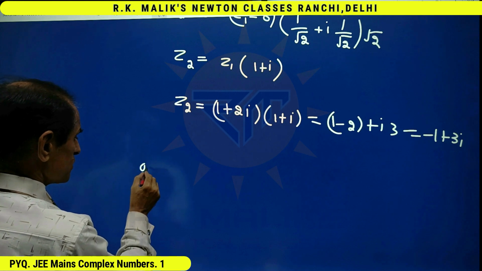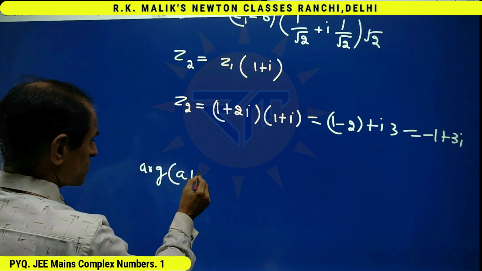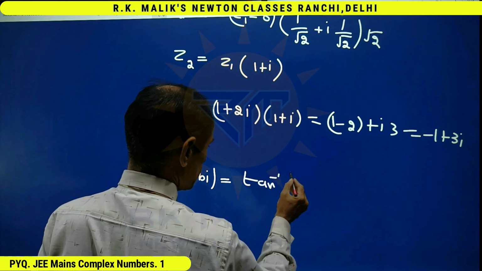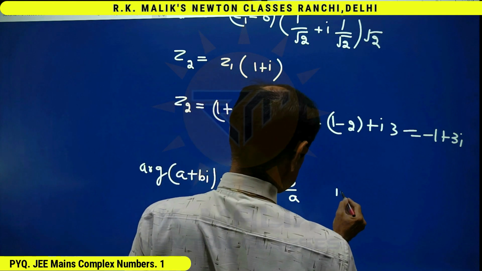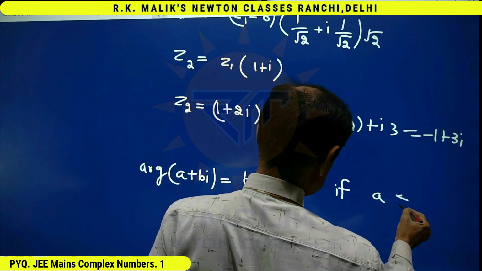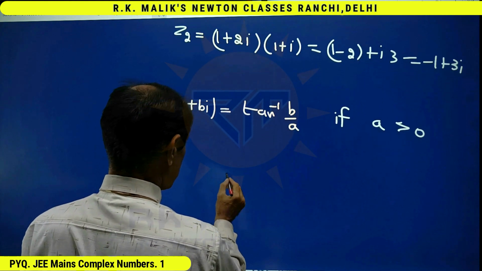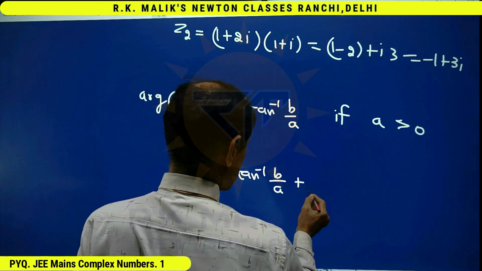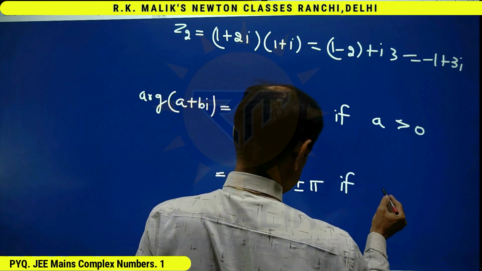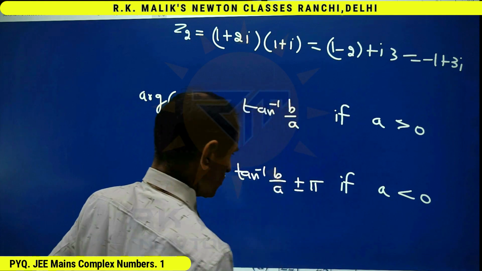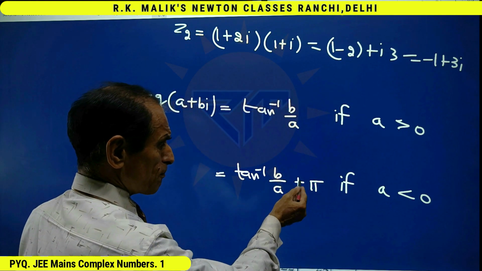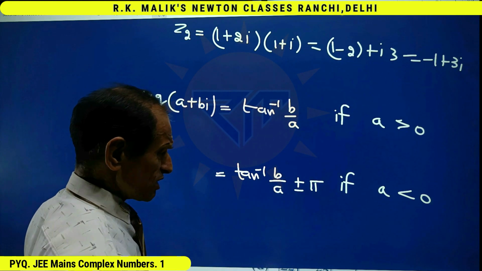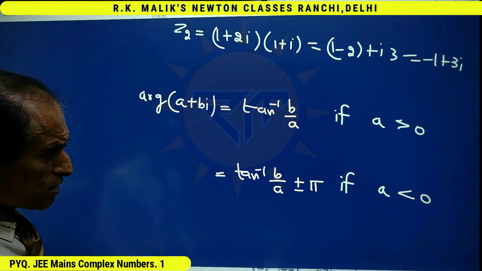And we know that the formula is: argument of a plus bi is tan inverse b by a if a is positive, and tan inverse b by a plus minus pi if a is negative. If you don't know, remember this formula. Plus pi will be used if b is positive, minus pi will be used if b is negative. You have to remember this formula.